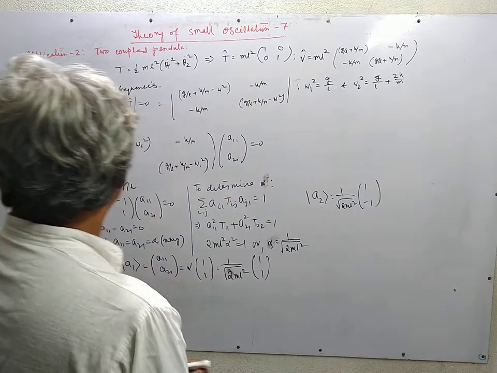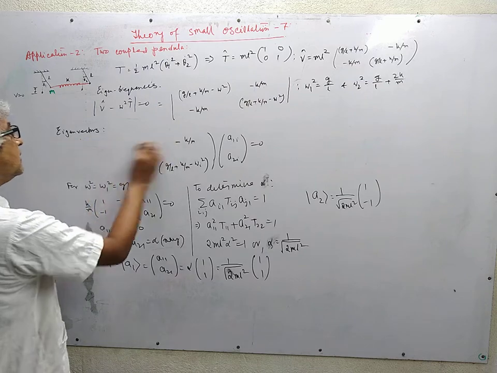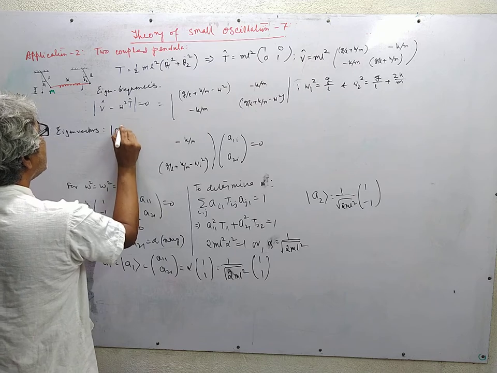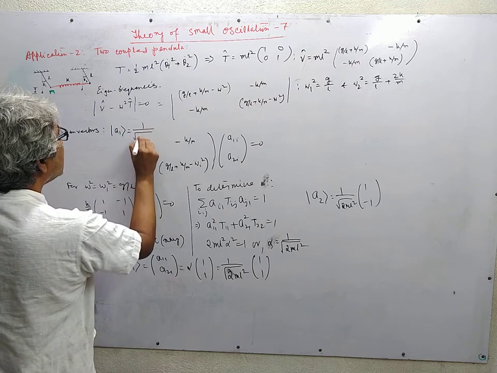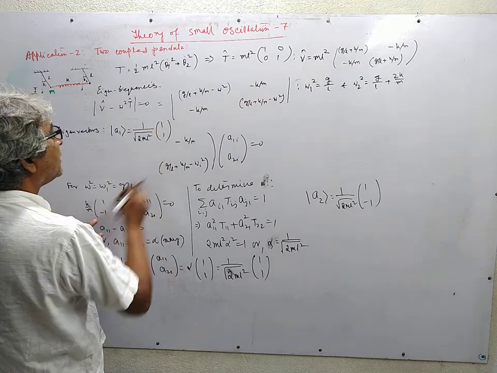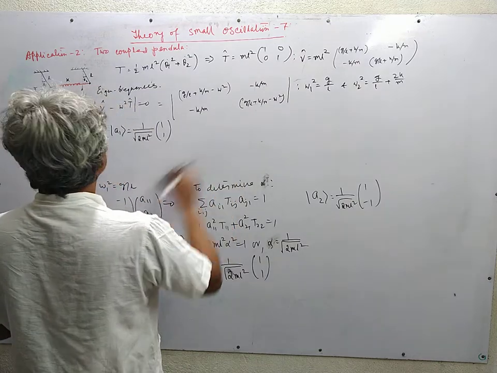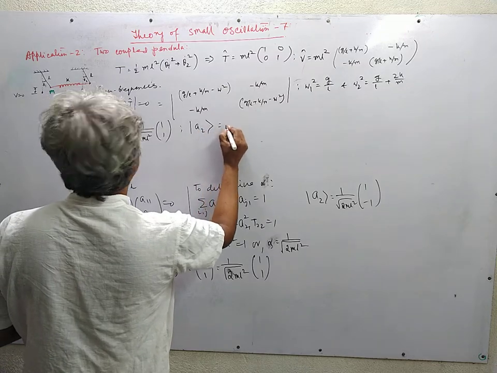This is the A2. So the eigenvectors are A1, and eigenvector 2 is A2.